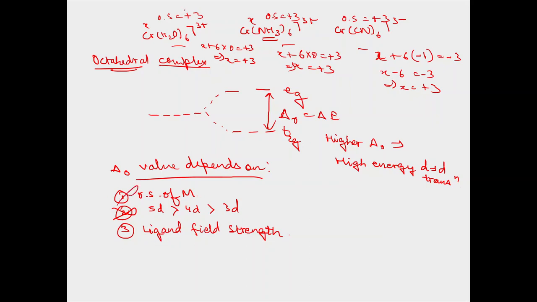So we can see that in the three cases, the ligands are different. In one, the ligand is H2O, and in the other two cases, one is ammonia and the other one is cyanide. So we have to compare on the basis of ligand field strength, and we will know that by the spectrochemical series.